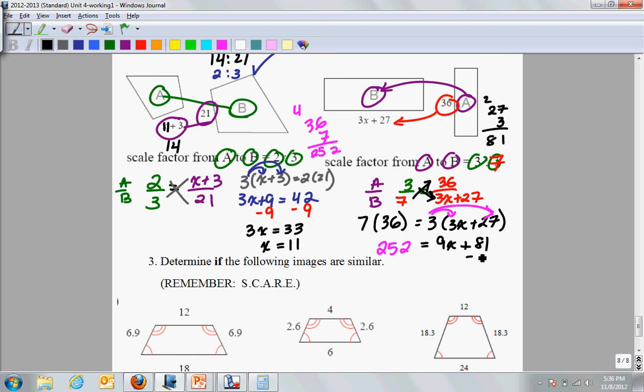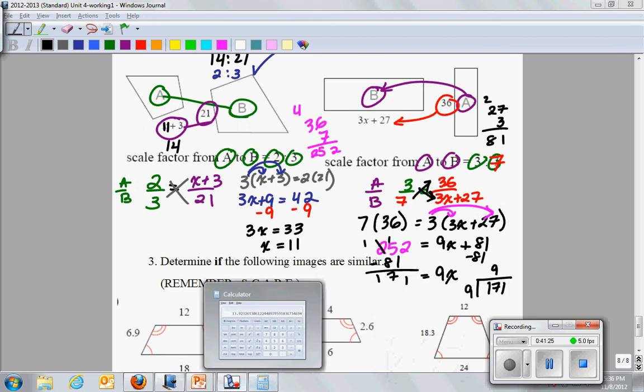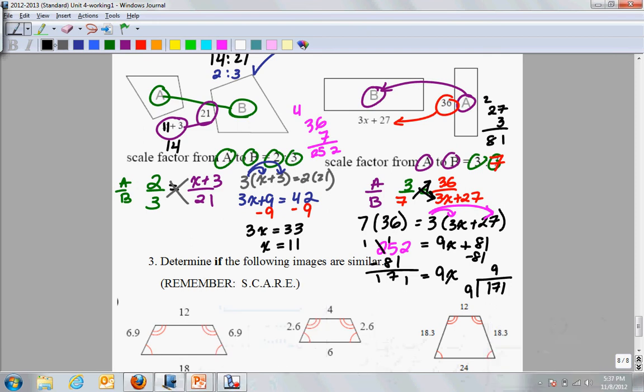Now we're going to minus 81 both sides. And we get 171 equals 9x. So we're going to take 171 and divide by 9. And we're going to get 19. X equals 19.